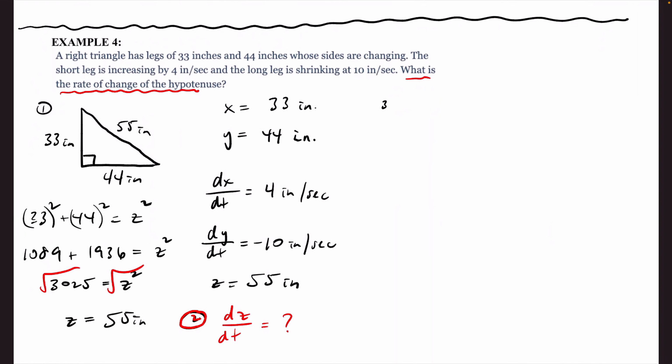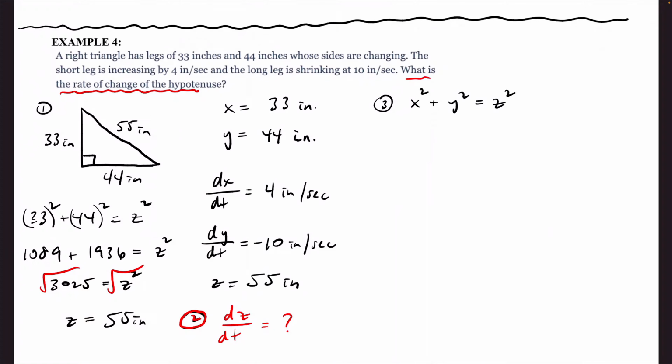Step 3. Is there a formula that relates x, y, and z with what I'm trying to find? It's called the Pythagorean theorem. Instead of a's, b's, and c's, we use x, y, and z, but it's the same thing. So x squared plus y squared equals z squared.